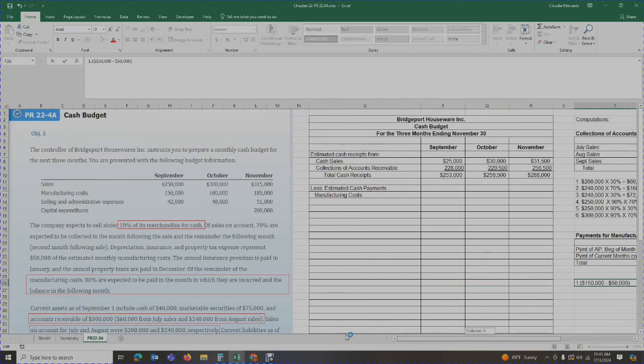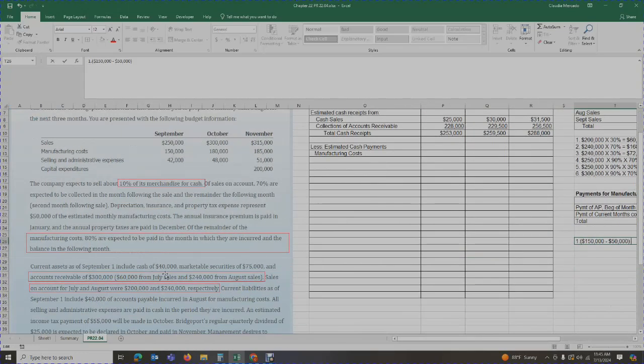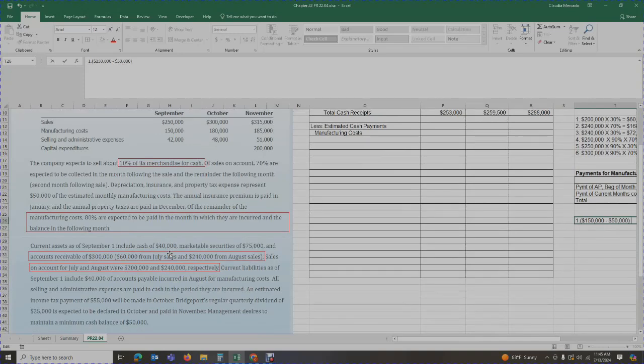Let me see, do they give us data for the prior month? Let me continue reading. Okay, right here: current liabilities as of September 1st include $40,000 of accounts payable incurred in August for manufacturing costs. All selling and admin expenses are paid in cash in the period they are incurred.